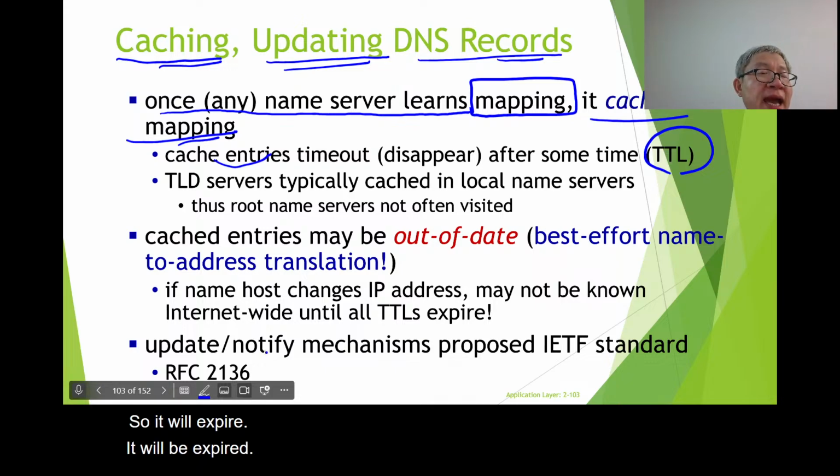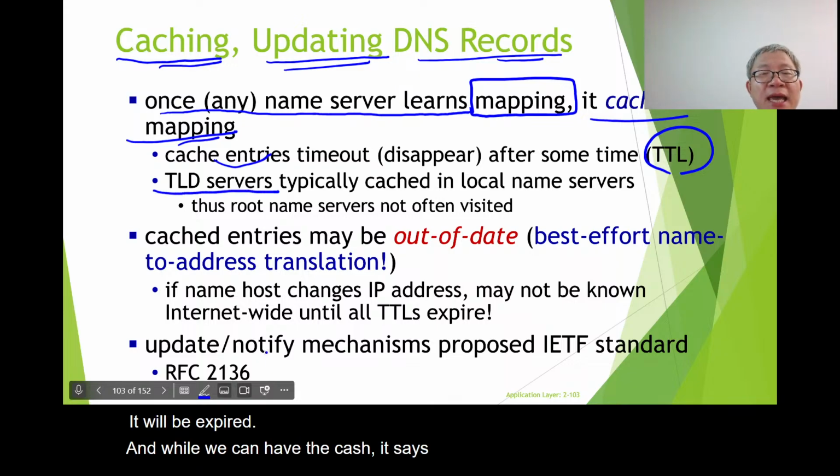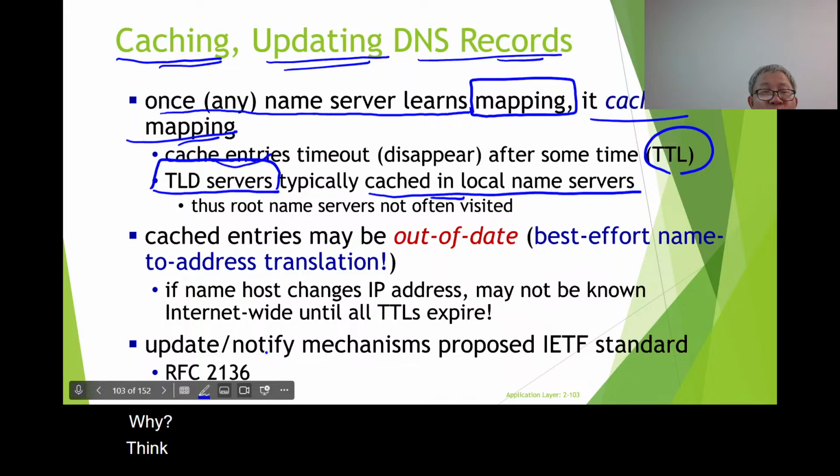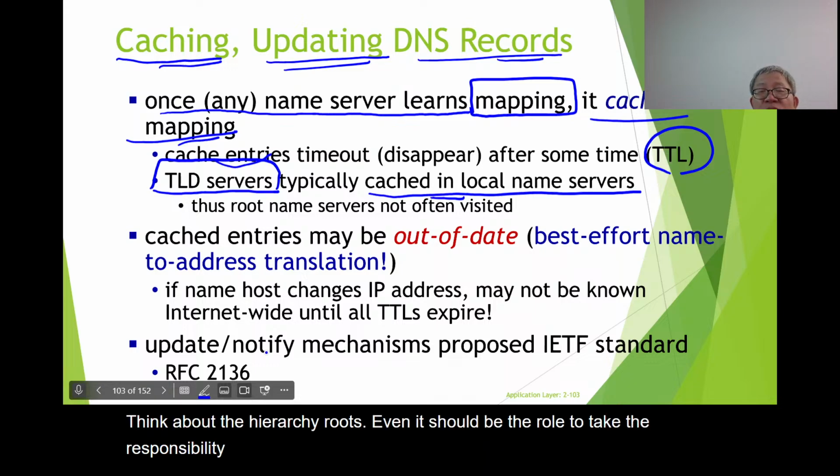And while we can have the cache, TLD servers will be cached in the local DNS server. Why? Think about the hierarchy. Root should take the responsibility to resolve the query, but the important one should be TLD.